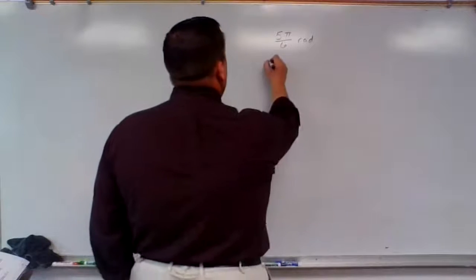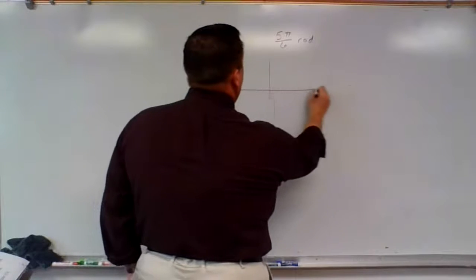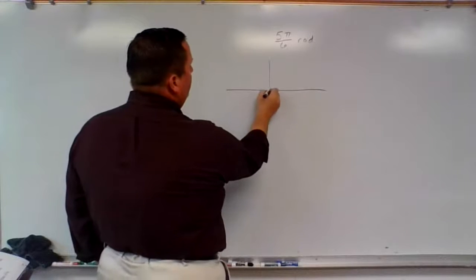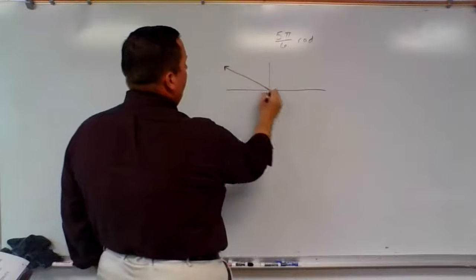Hopefully you remember 1 pi radians is 180 degrees, so it's going to be a little bit less than that.